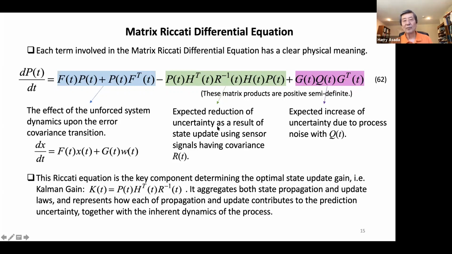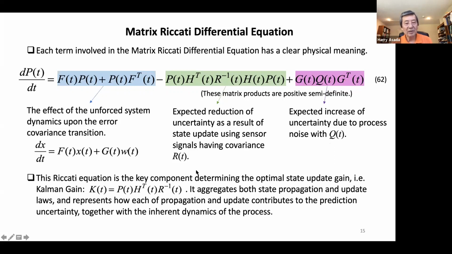Okay, and the last term is also a positive semi-definite matrix with the plus sign. So this indicates the expected increase of uncertainty due to process noise with QT. As it propagates, it faces the system's process noise, which is characterized by QT.